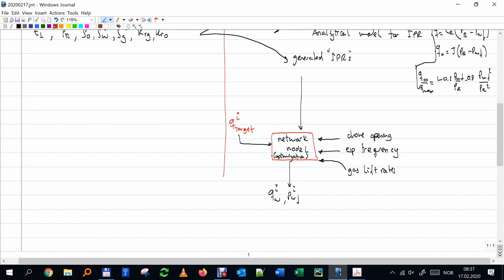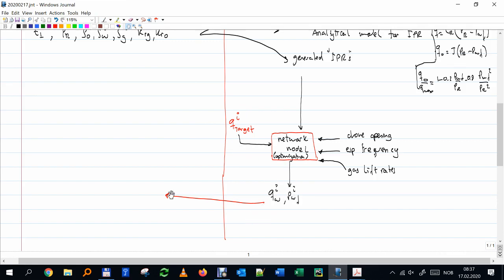Then in an explicit scheme, simply you send those numbers back to the reservoir simulator. Okay, and now the reservoir simulator imposes those rates on the sand phase. It says to each well, now this is the rates that the network says I can produce. Okay, and it can either be equal to the target rate or it can be different.